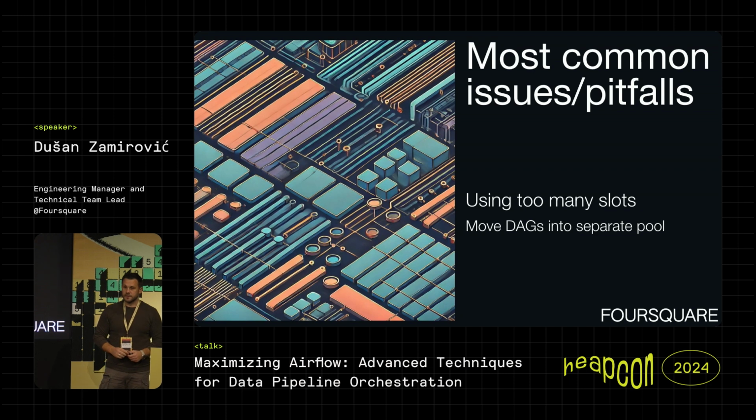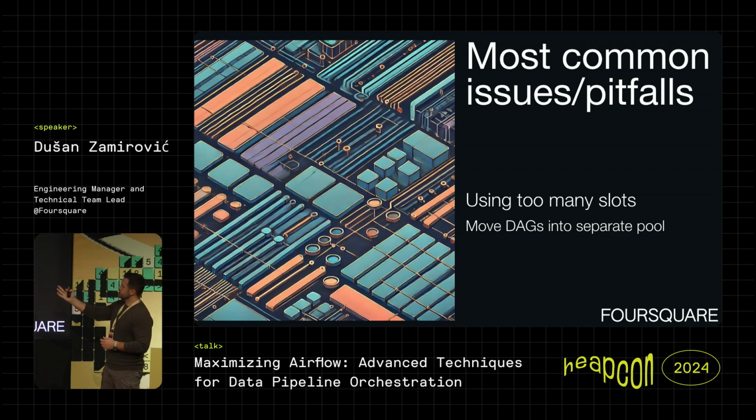You might be hitting the limit of that particular pool in which your DAGs are running. That means that Airflow will not go over that limit, and basically your tasks, again, will not be scheduled in time.